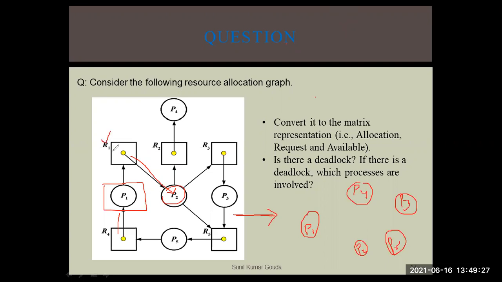If it releases the resources, then only I can allocate this one. That means the completion of P1 depends upon the completion of P2. So I will draw an edge from P1 to P2.